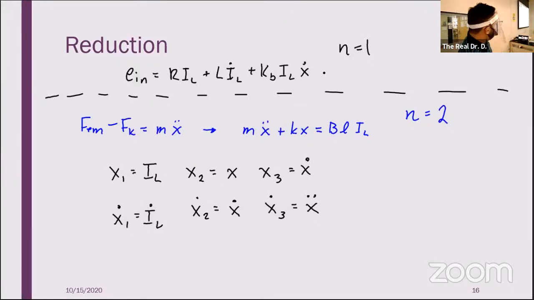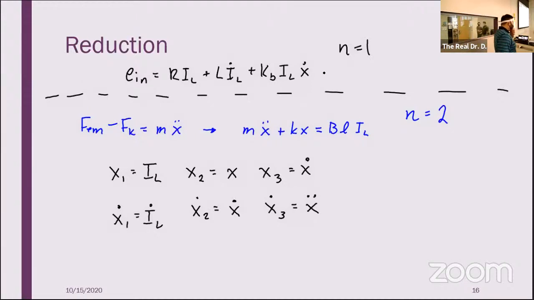The other way that we can think about choosing state variables is based on the energy storage that you have. The spring stores energy based off of position. The mass stores energy based off of velocity, 1/2 mv squared.